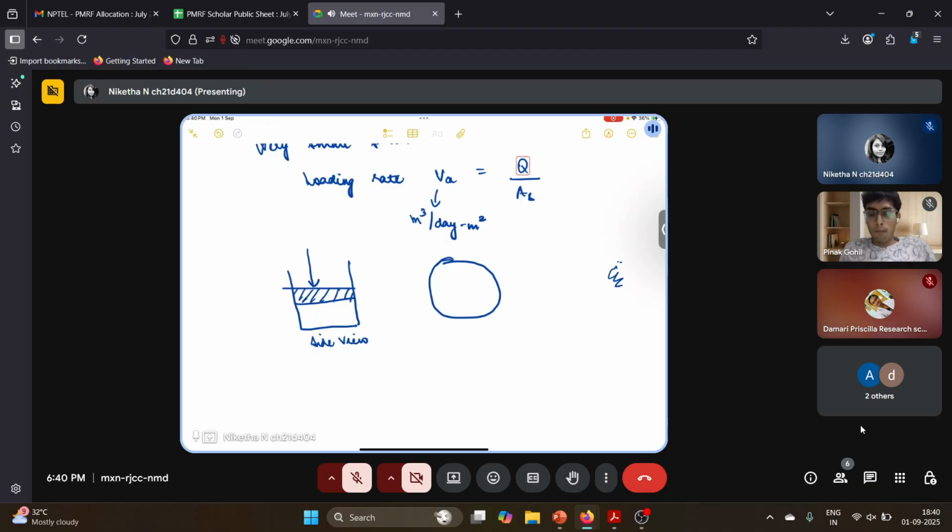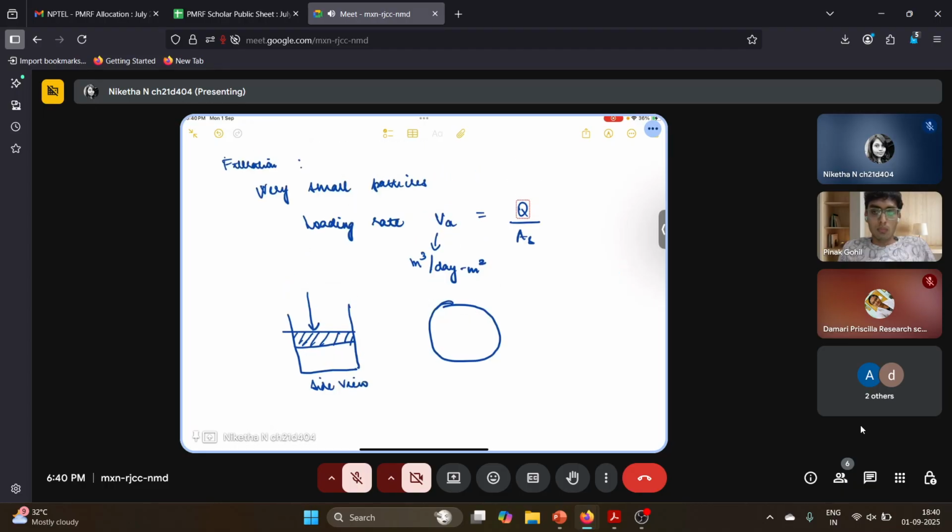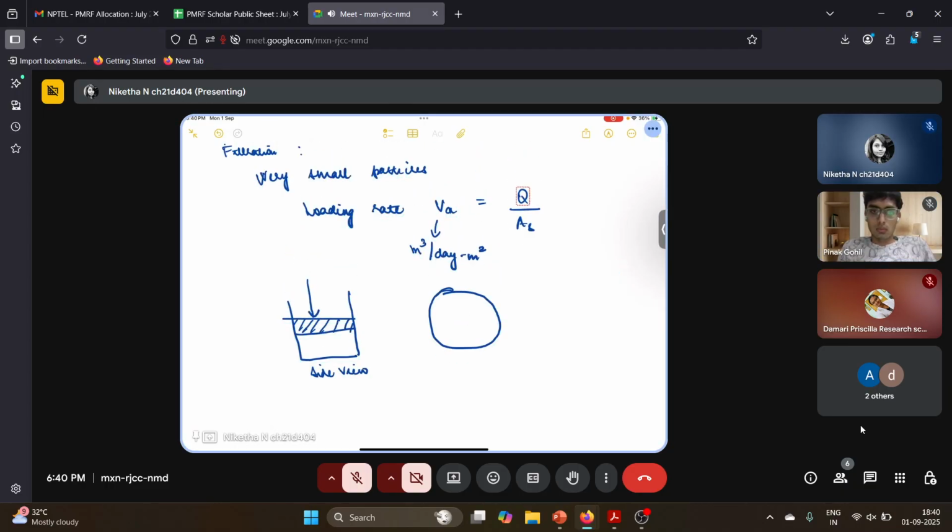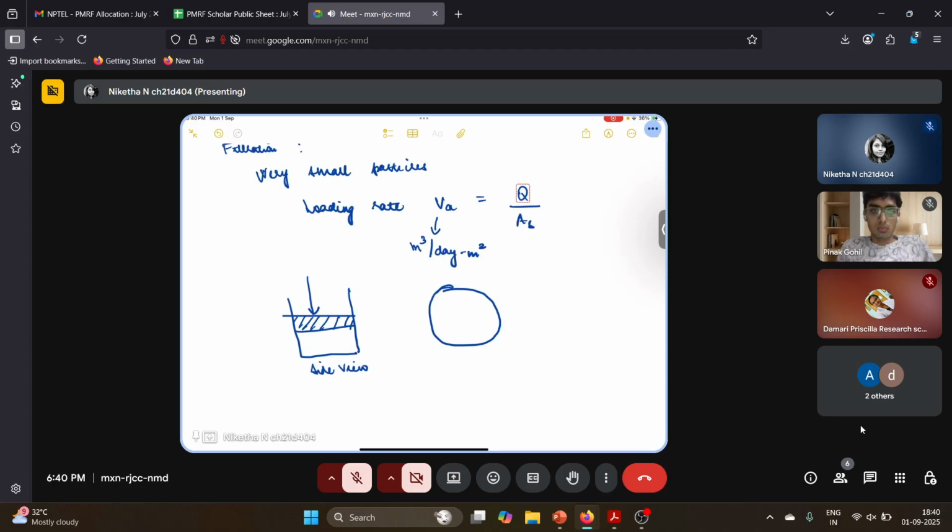Okay, so imagine you have a circular filter like this, and the diameter of the filter is D. What is the surface area of the filter? Pi D. Pi D. Are you sure?